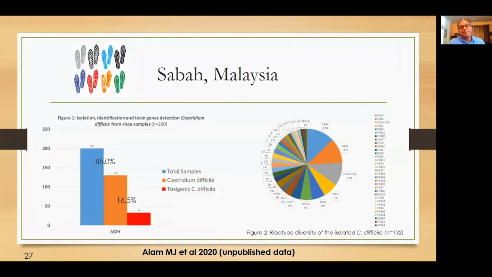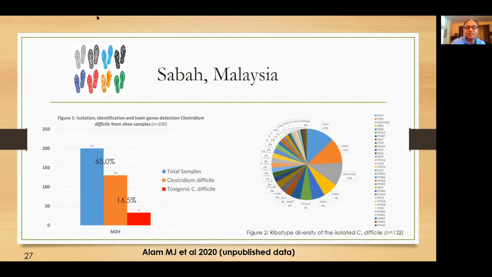And here is another study with shoe bottoms from another country, Sabah, Malaysia. We collected 200 shoe bottom samples to see whether these are similarly contaminated like Houston area shoe bottom samples. And we found similar data. 16.5% of the samples are positive for toxigenic C. difficile.